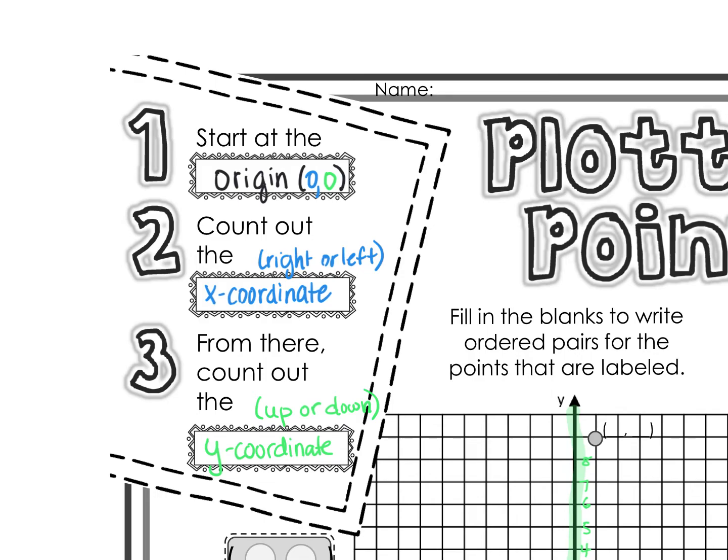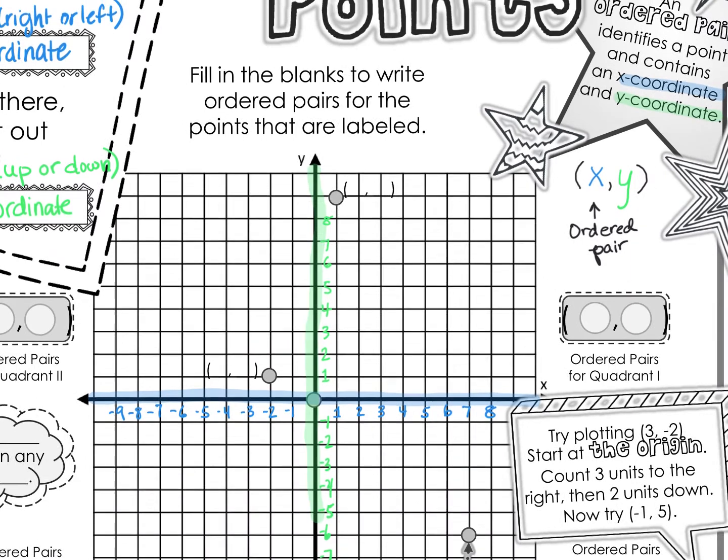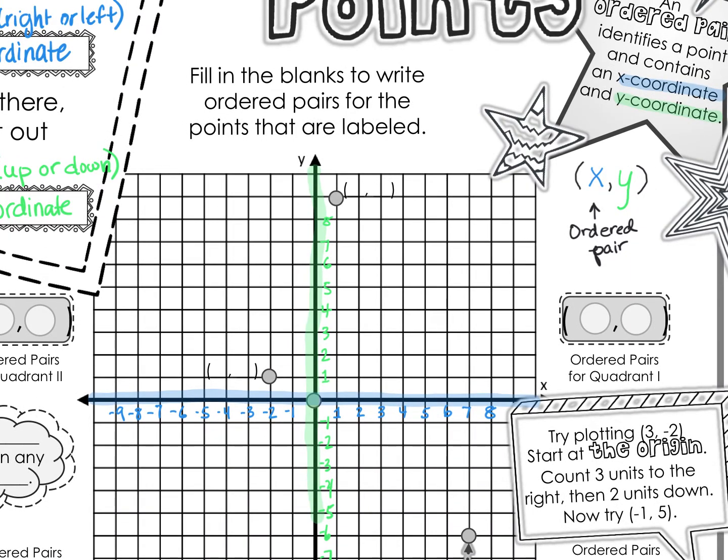So let's try this out. Let's imagine that I asked you to plot the point. Let's say, I'm going to put example. You're going to write this down, please. We're going to write parentheses, and let's have you plot the point 3, 5.